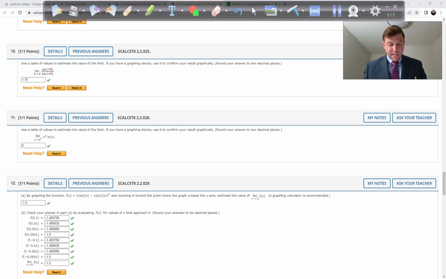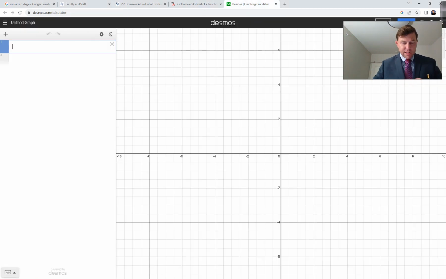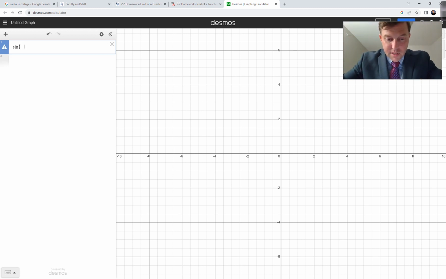Okay, 10 says make a table just like the previous one to find the limit as the angle goes to 0 of sine 7 theta over tangent 4 theta. Now, we can do it with a table, or I would argue an easier way, we'll go to decimals. So we can type in sine of 7x.